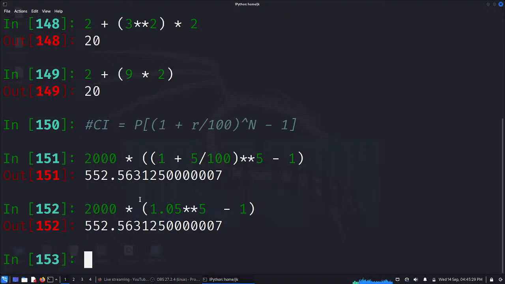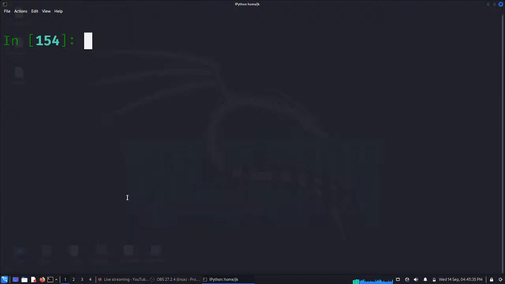Now before we wind up this discussion, there are two more things I would like to point out. There are floor division and modulus.